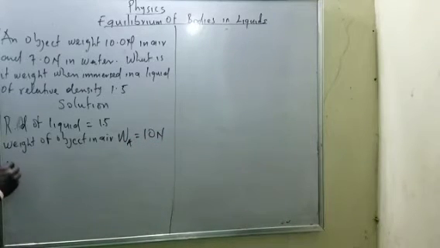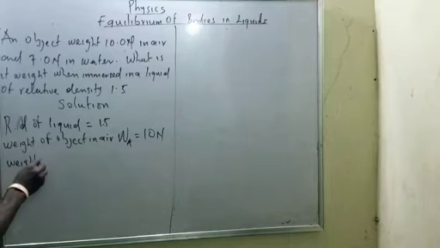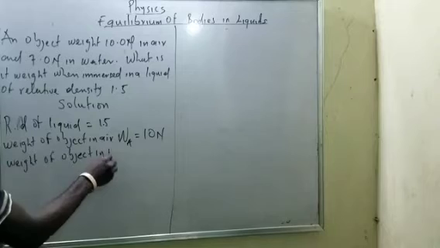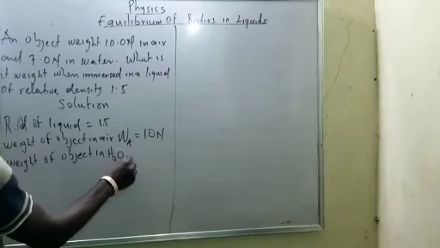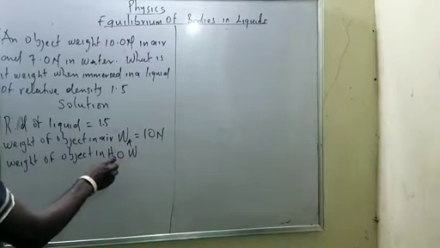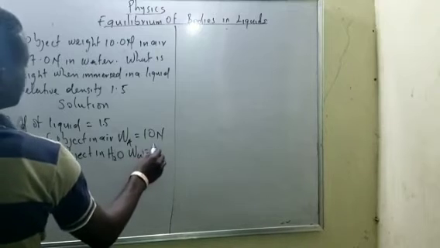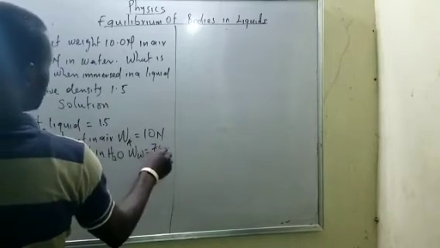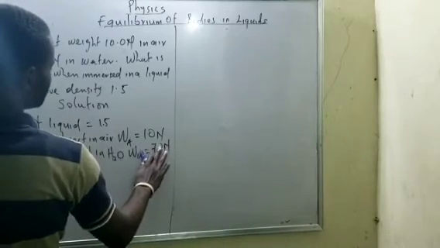And also the weight of the object in water, which is WW, is equal to 7 Newton.